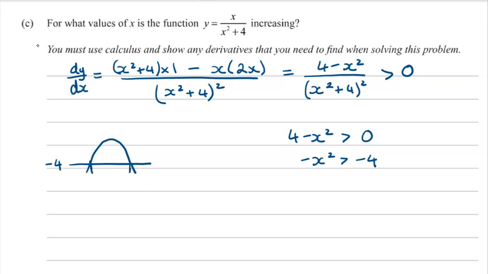So it's crossing these at the square root side of things. So that'll be minus 2 and 2. And so that'll be satisfied when x is between those two numbers, where it goes greater than the negative 4. So it'll be greater than minus 2, less than 2.